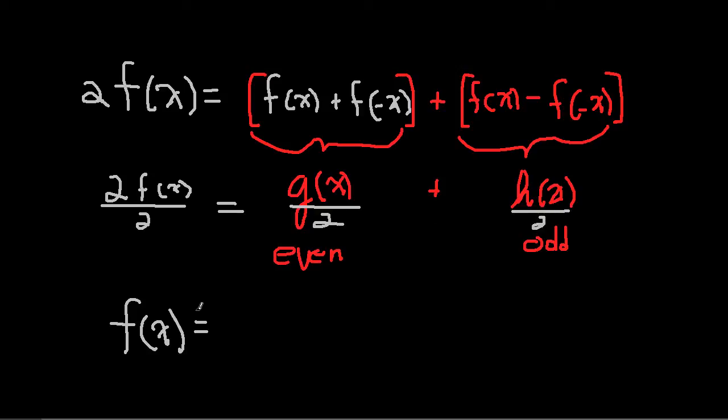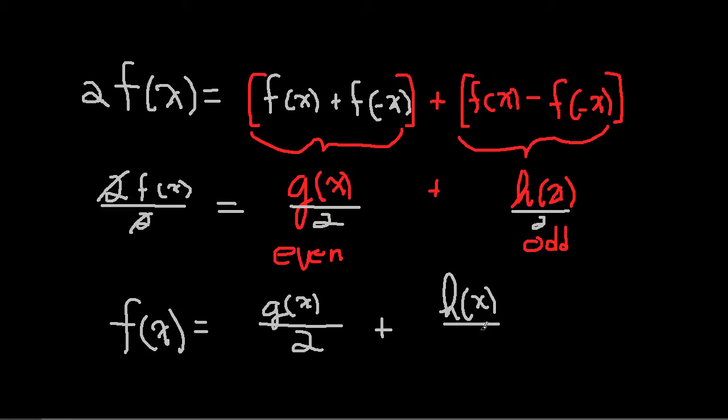So any function f of x, these cancel, is equal to g of x divided by 2, or 1/2 times g of x, plus h of x divided by 2, where g of x is even, so this whole thing is even, and h of x is odd, so this whole thing is odd.